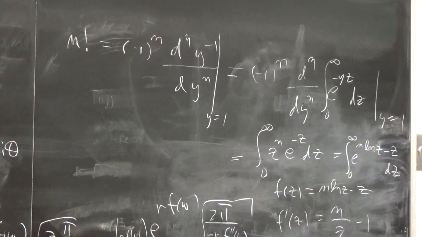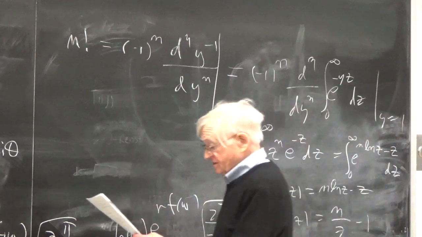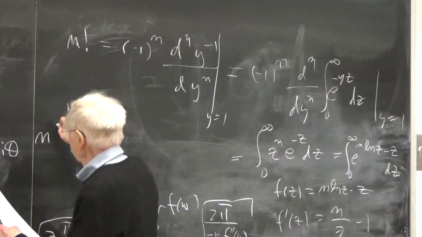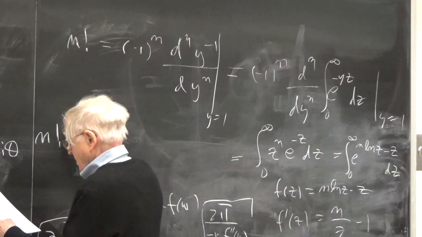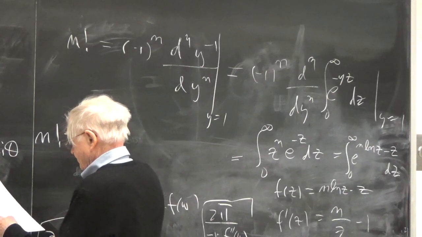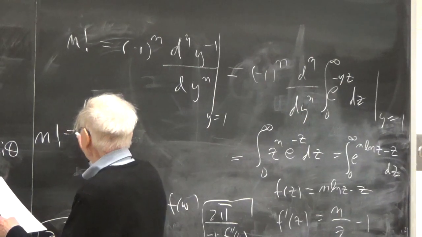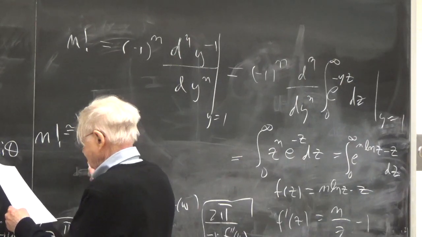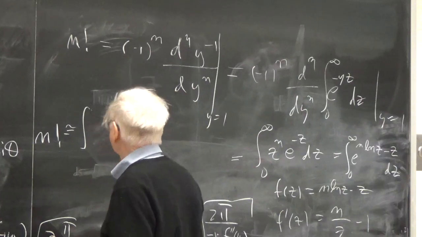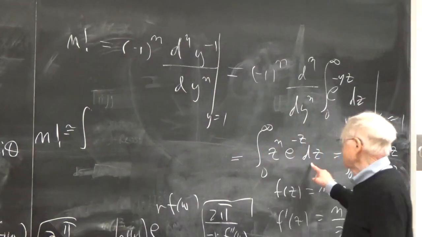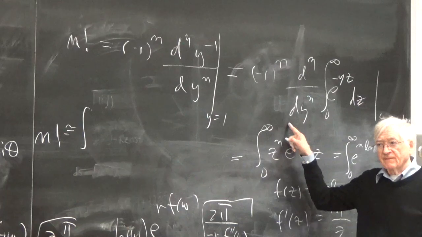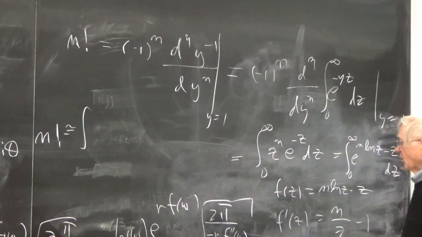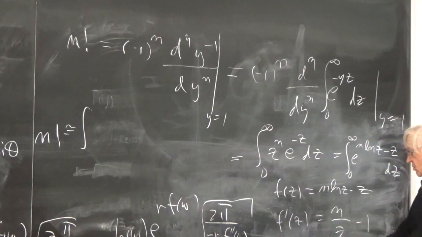So then, applying the method of steepest descent, what we get is that n factorial is then approximately an integral. Notice that here we're integrating dz from 0 to infinity, but we're going through this point w, which is z equal to n.